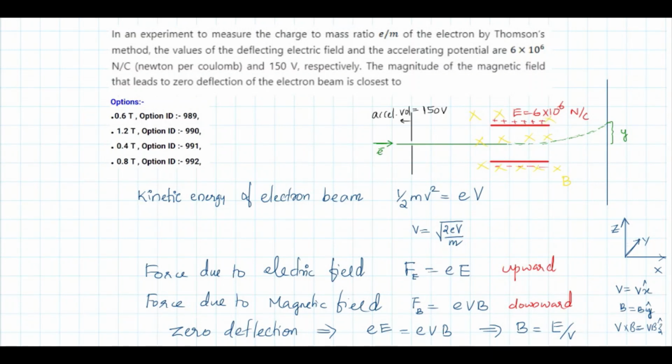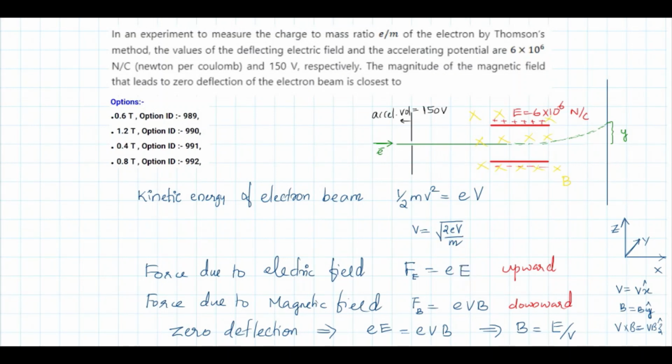Then V cross B: if you consider an axis like this, the velocity is along the x direction and the magnetic field is along the y direction, so V cross B will be x cap cross y cap, that is in the z cap direction. The z cap direction is upward, but since the charge of the electron is negative, the force acting on the electron will be opposite, that is in the minus z direction, in the downward direction. The magnetic field will deflect the electron beam in the downward direction.